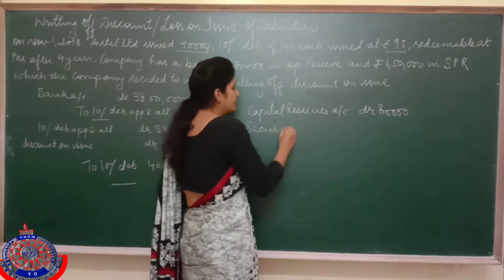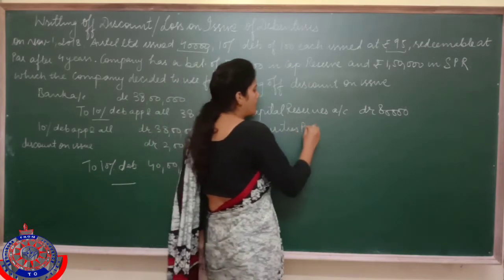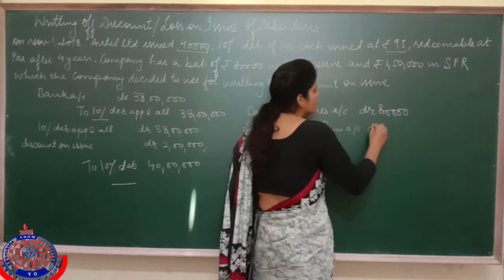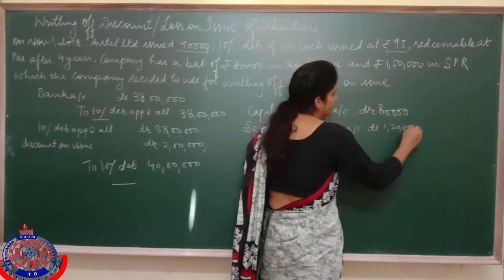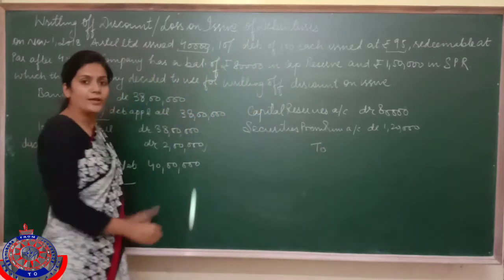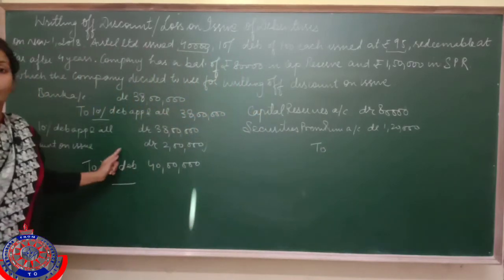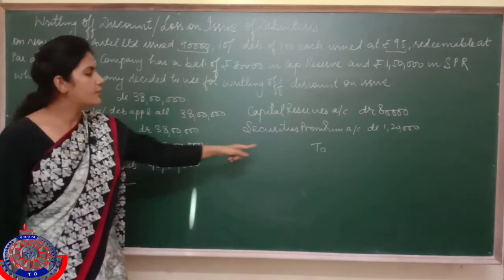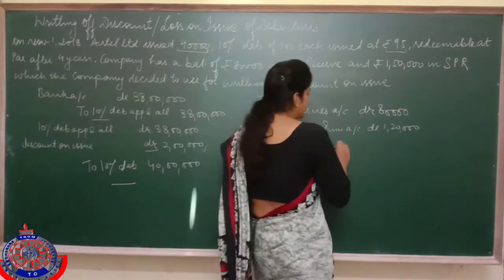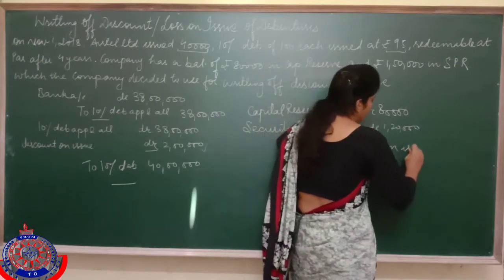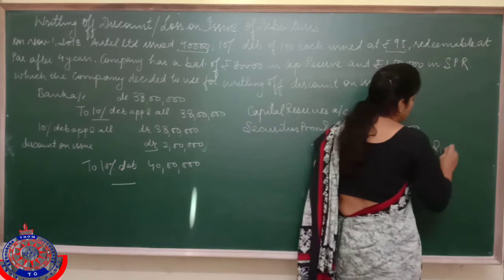So I write here securities premium reserve account debit 1,20,000, to. Now what am I going to write off? I'm going to write off this discount on issue. Now it has a debit balance. If I write it off, then I should credit it. So it becomes to discount on issue, 2 lakh.